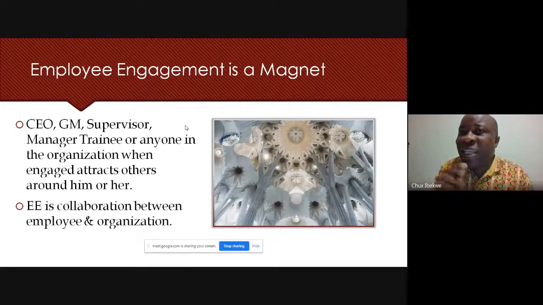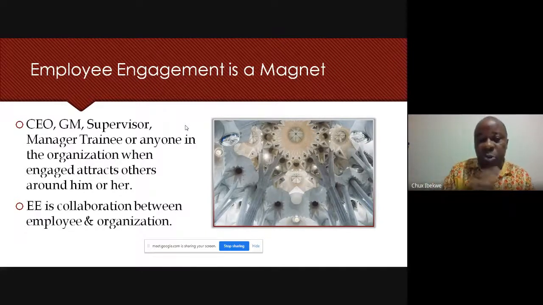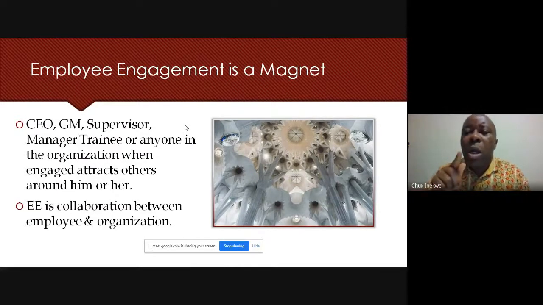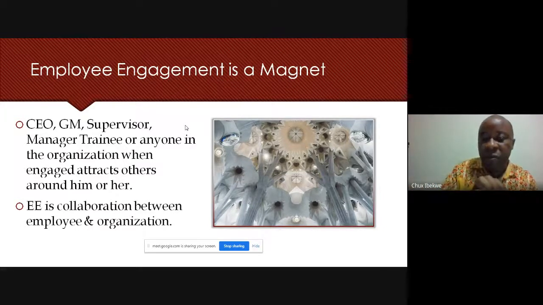It is one of the things that drive your level of engagement with that organization. So that is where employee engagement is both attitudinal and behavioral. It has the components of attitudes and behavior in it.